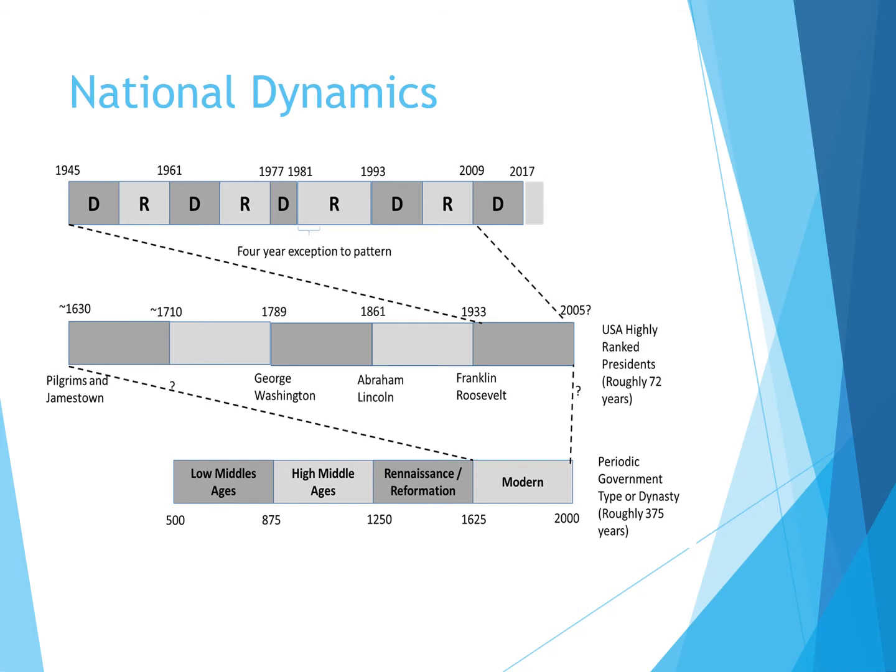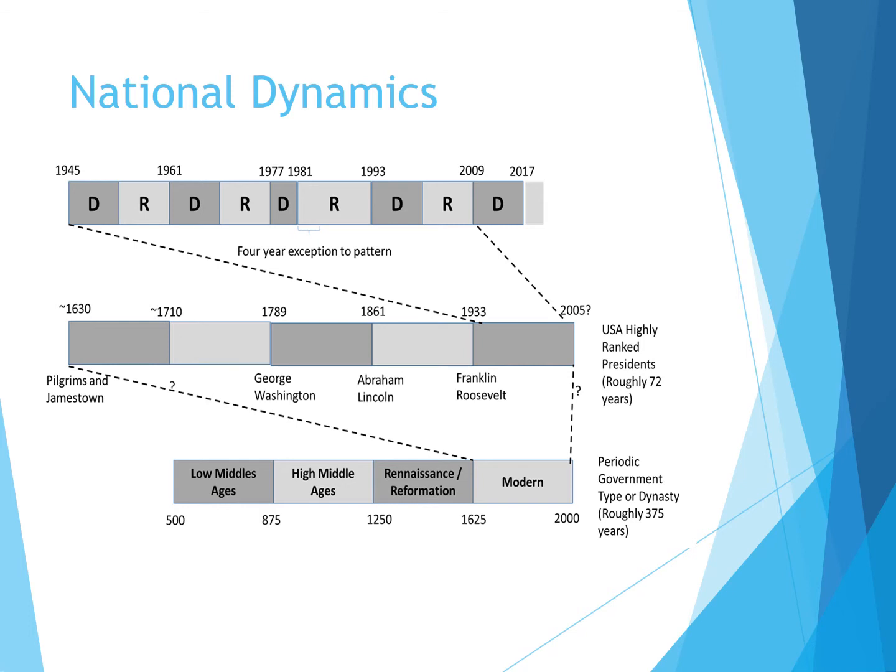What we have is 8 years of one party followed by 8 years of the other party, except for one 4-year exception when Ronald Reagan beat Jimmy Carter, but then it went back on track. So there was a wave every 16 years. It would reset and move on. It's unclear how long that will continue.